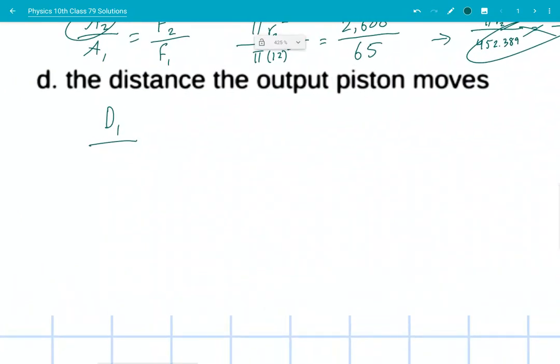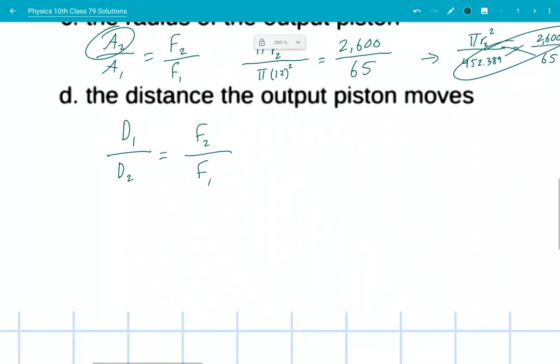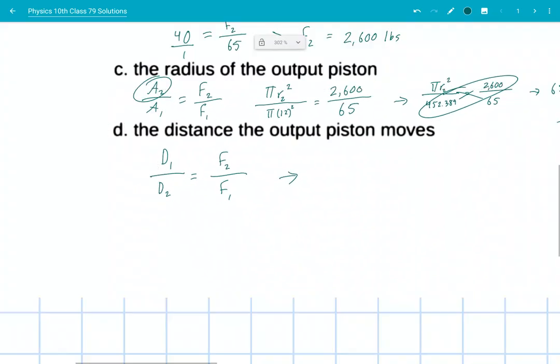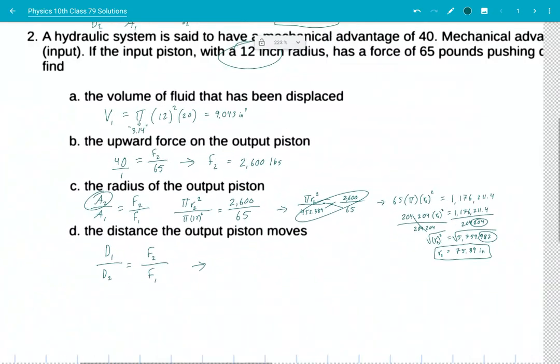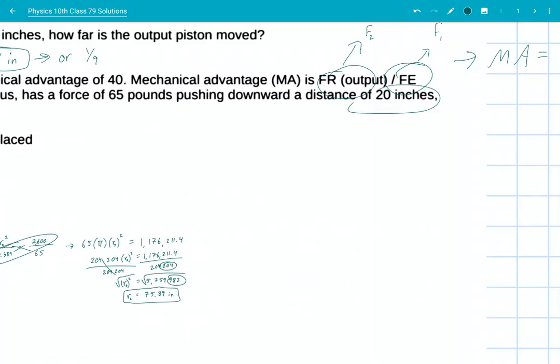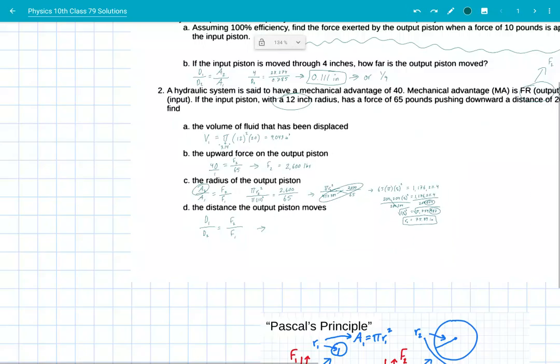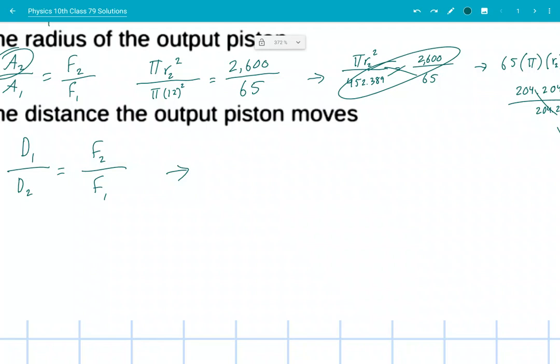D1 over D2 equals F2 over F1, right? D1, I think we said it was 20 inches. All right. 20 inches over D2 equals, we know F2, we found it before, 2,600 over F1, they gave it to us, 65 pounds, right?